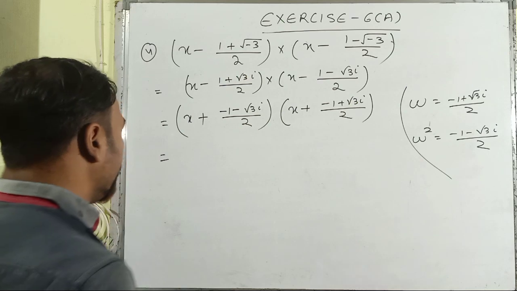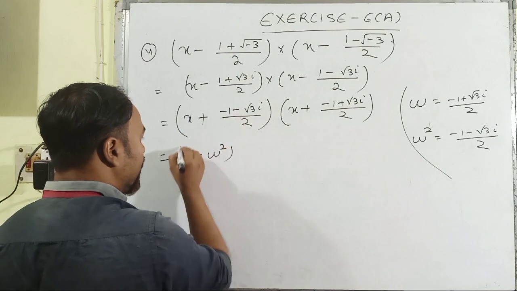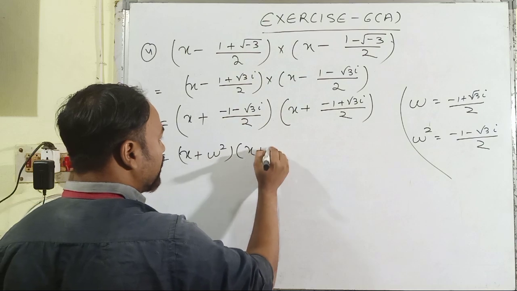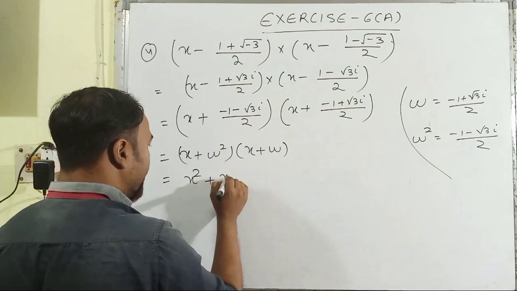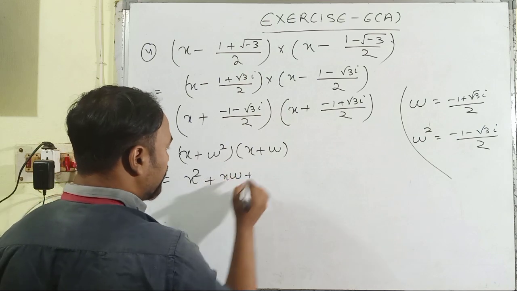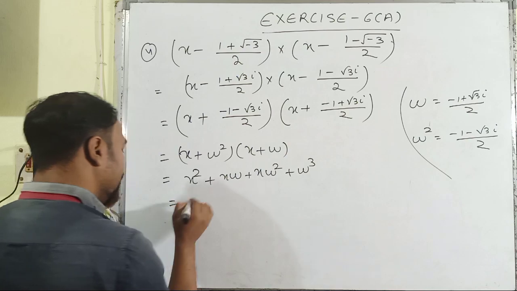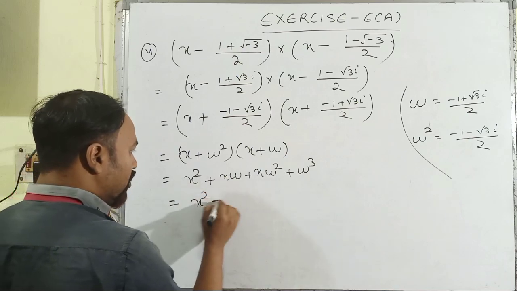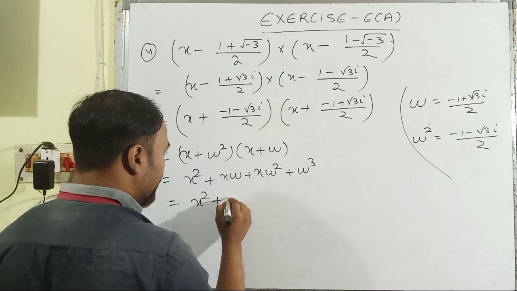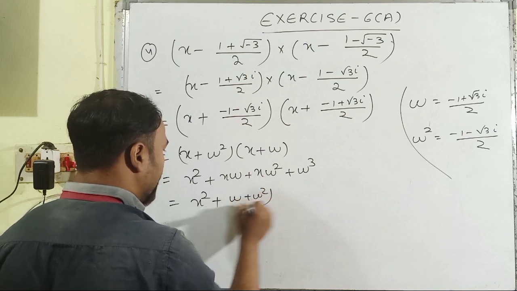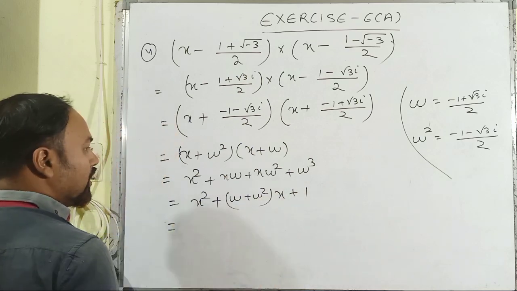By putting these values here, x plus omega square multiplied with x plus omega, it is x square plus x omega plus x omega square plus omega cube. Then this will become x square, or by taking x common from the middle two terms, we have omega plus omega square multiplied with x plus the value of omega cube, which is 1.